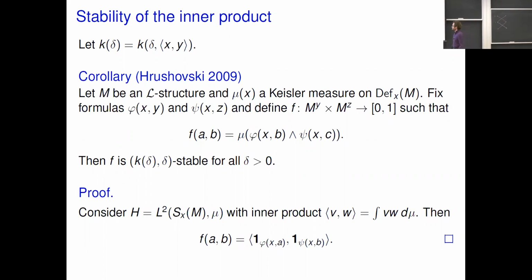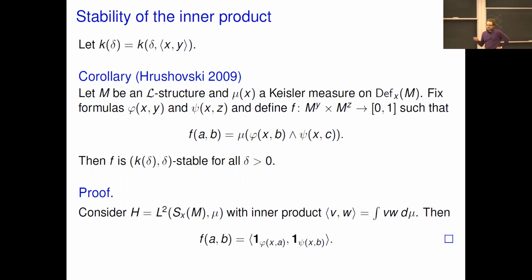You work it all out with the definitions, and then this function is precisely the inner product of these two formulas, thinking of them as characteristic functions on the type space. So it's exactly what it is. If you multiply two 0,1 characteristic functions, you're taking the intersection of the sets that they are the characteristic function of. So at any rate, it's that example.